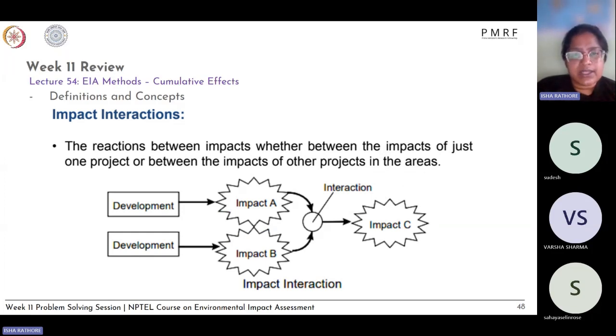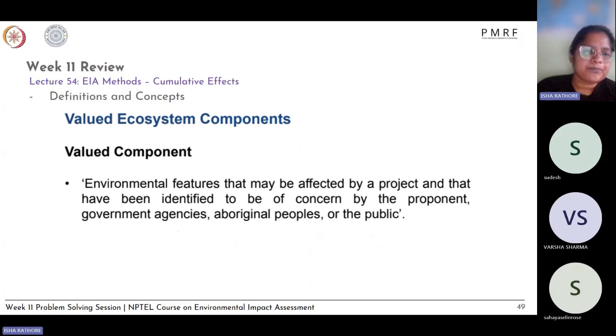So the reactions between impacts, whether between the impacts of just one project or between the impacts of other projects in the area. So if there are two developments, you have two different impacts. They can interact and lead to a new kind of impact, like the same nature, but it can lead to a higher irritation value or something like that. So those are impact interactions.